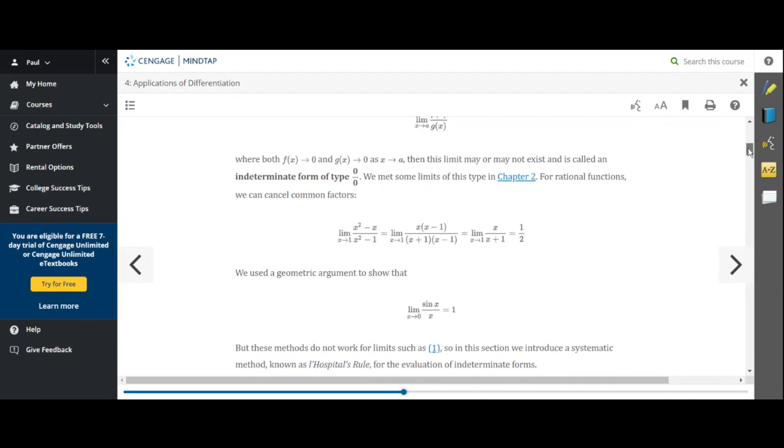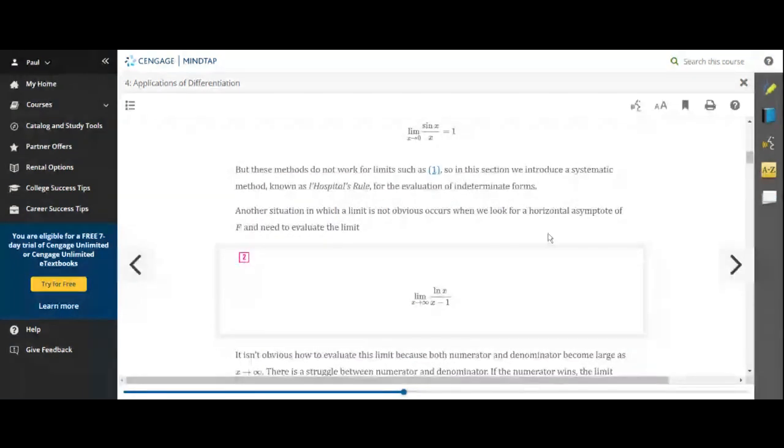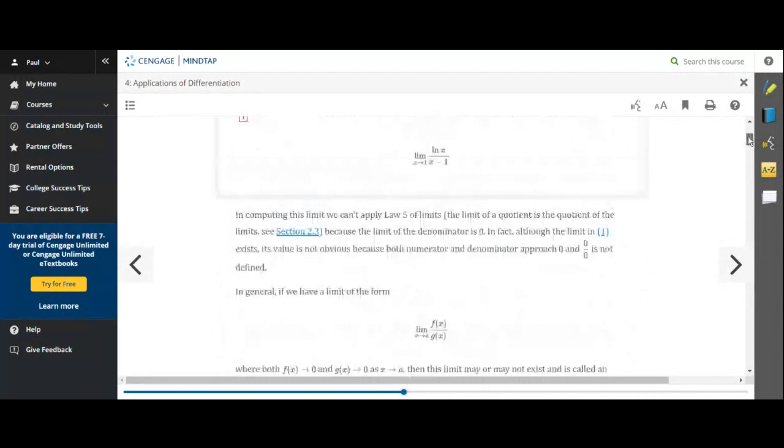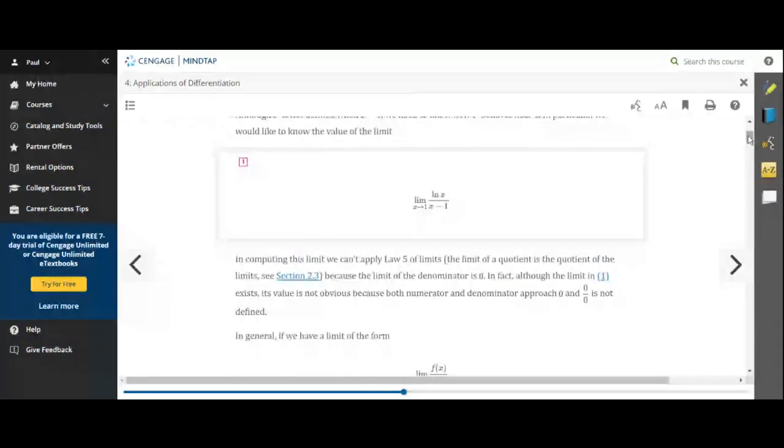But for the first limit there, the limit of the log of x over x minus 1 as x approaches 1, there are no tricks you know of offhand.